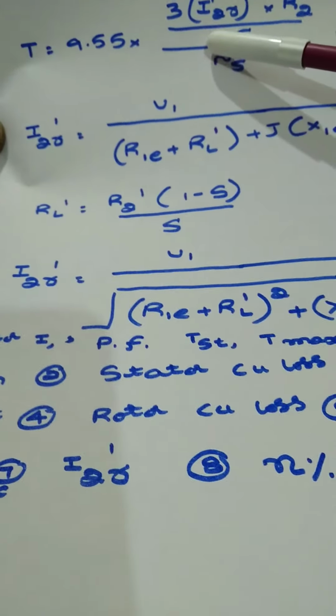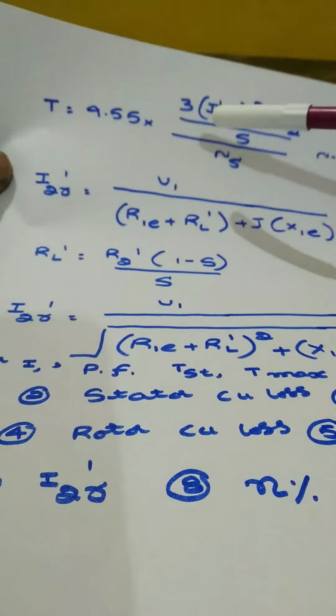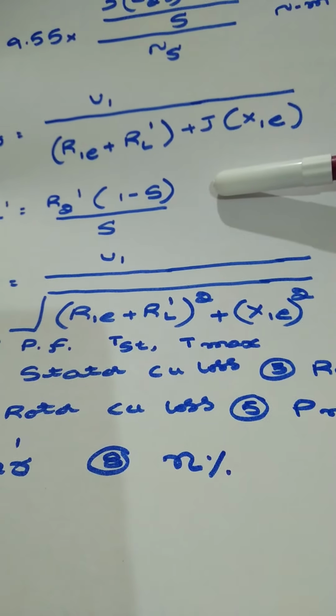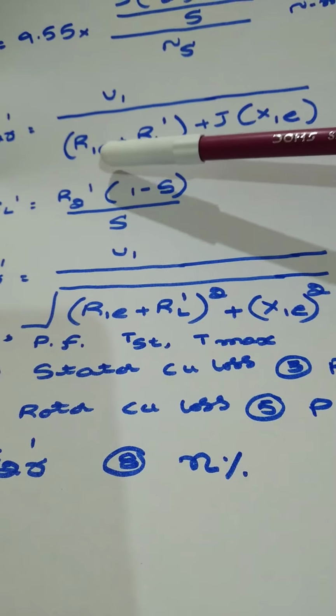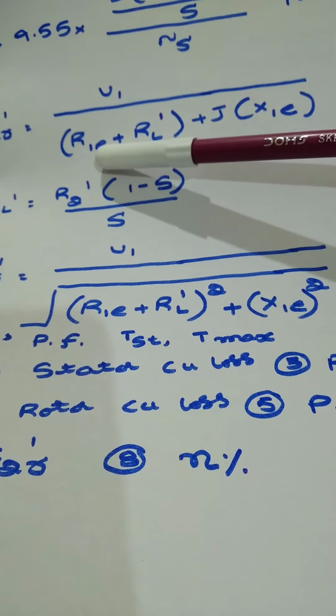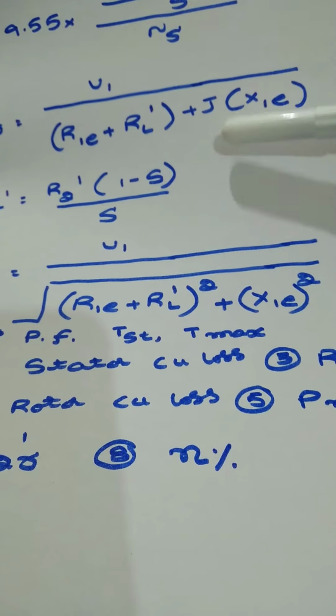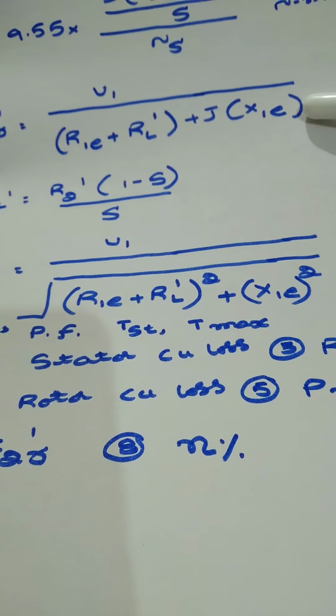Okay, and then how do we find the rotor current? It is voltage divided by impedance. Voltage is V1, and impedance is R1e plus RL dash, that is the resistance, plus the reactance j into X1e.